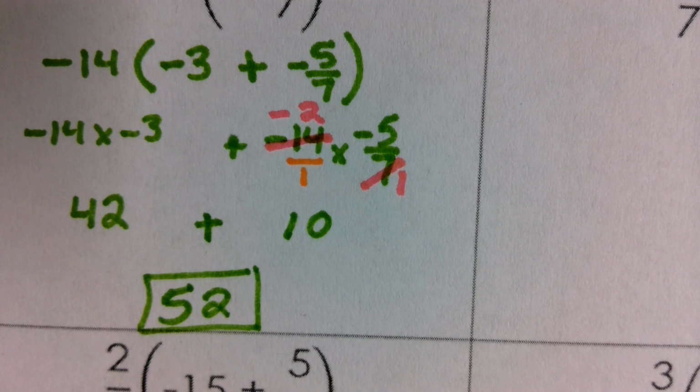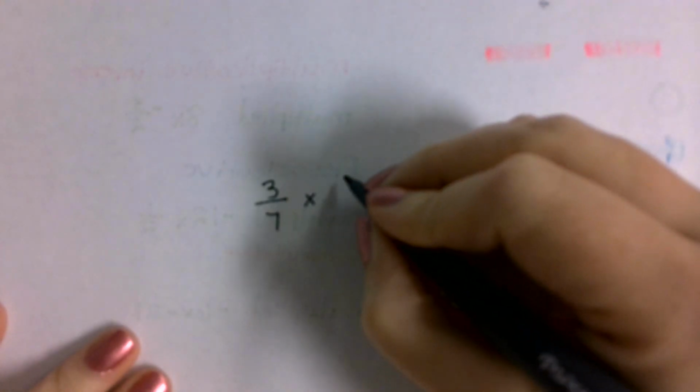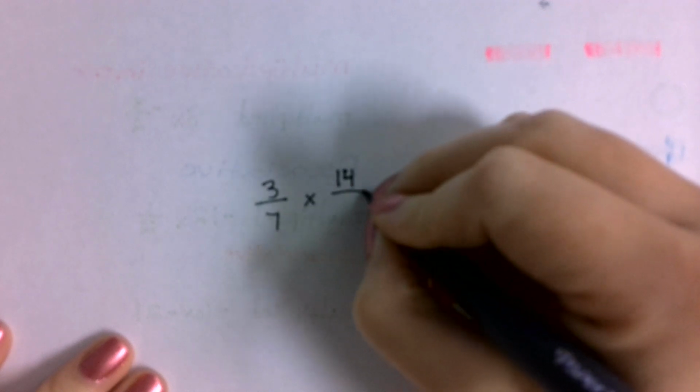Let me just show you another example real quick of what I just did for simplifying. Okay, so let's say that we have something like, we'll say 3 over 7, and I'm wanting to multiply it with 14 over 9. 3 over 7 times 14 over 9.